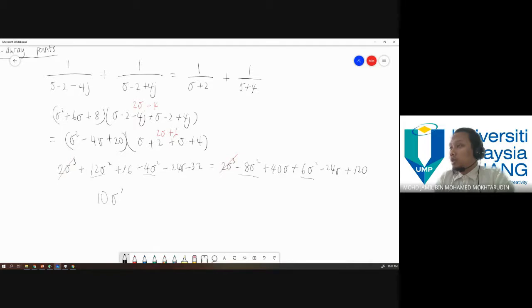So 10 sigma squared, eight sigma, minus 88. So now I can use the calculator.